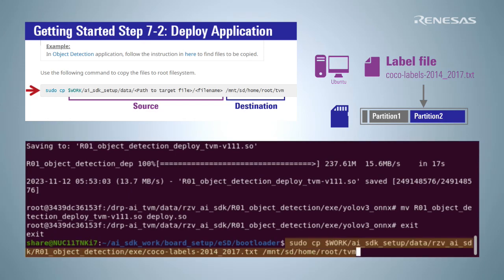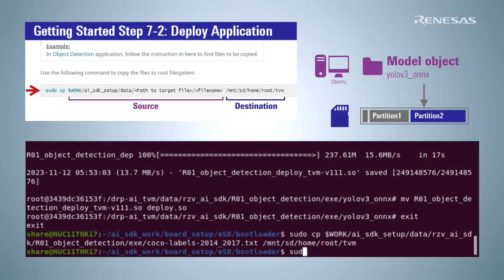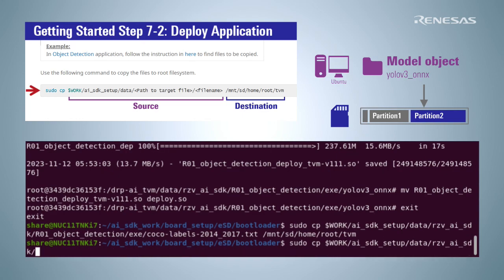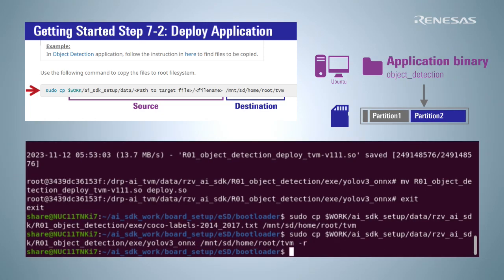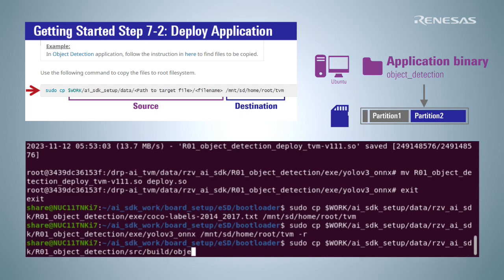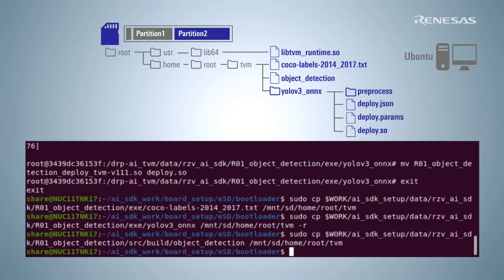Copy the label file. Then, copy the model object directory. Copy the application binary. After all, check that all files are located appropriately.